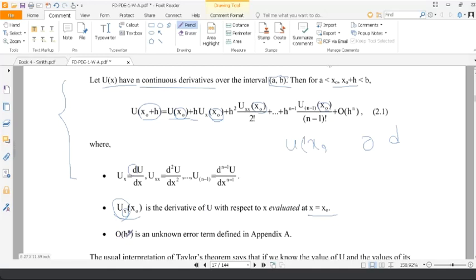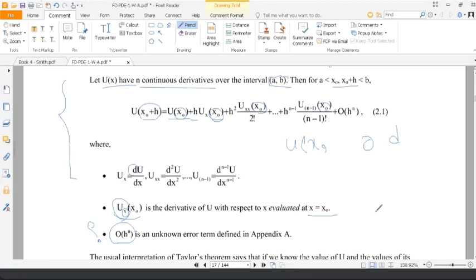O of h to the power n is an unknown error term defined in Appendix A. Who can tell me what O of h to the power n is? Based on the last session and advanced numerical analysis, in the last term you learned about truncation error.